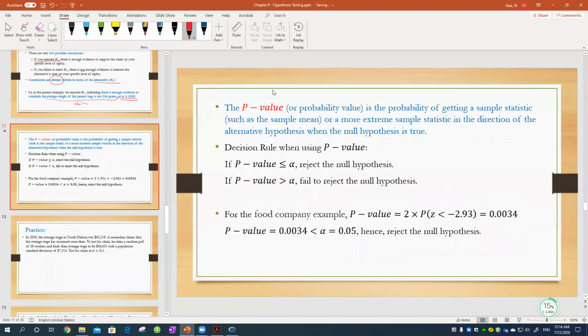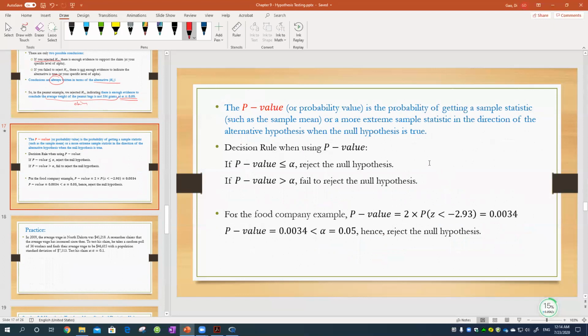Then we can actually calculate something called the p-value. The p-value, or probability value, is the probability of getting a sample statistic, such as a sample mean, or a more extreme sample statistic in the direction of the alternative hypothesis when the null hypothesis is true.